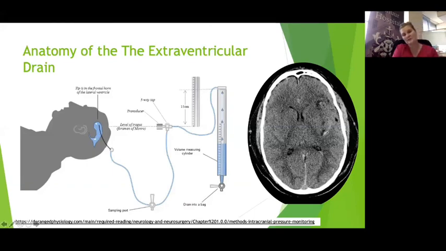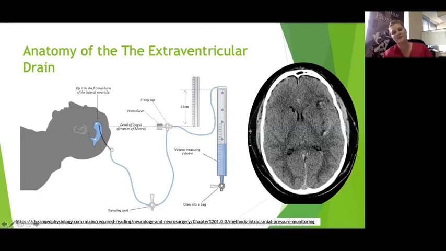But I put this picture next to you because putting in an EVD for hydrocephalus is wonderful. Putting in an EVD to use as part of your treatment of traumatic brain injury is very difficult. If you have a very swollen brain, the brain is already trying to sort itself out by shunting CSF out. So you've already got such small ventricles to try and hit these ventricles with an EVD.